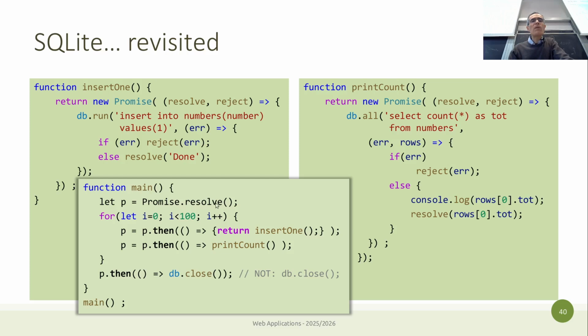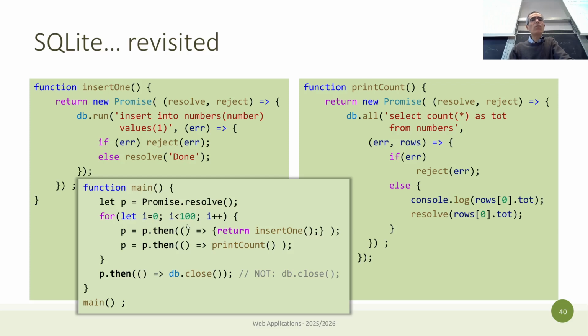Here, just because we reuse the variable P, we start with a resolved promise, so just the method we saw, without any value because we don't care about the values. We just care about waiting for executing the asynchronous operations the next times, so inside the loop.